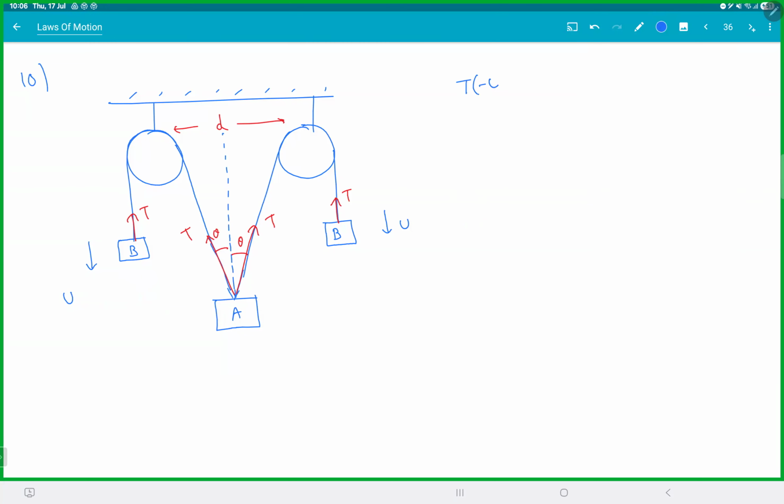So T into minus U for the first block, 2T cos theta into VA for the A block, and then again minus T into U for the next block. So you end up with minus 2U plus 2VA cos theta. Therefore, VA is equal to U by cos theta. U sec theta. I hope everyone got this.